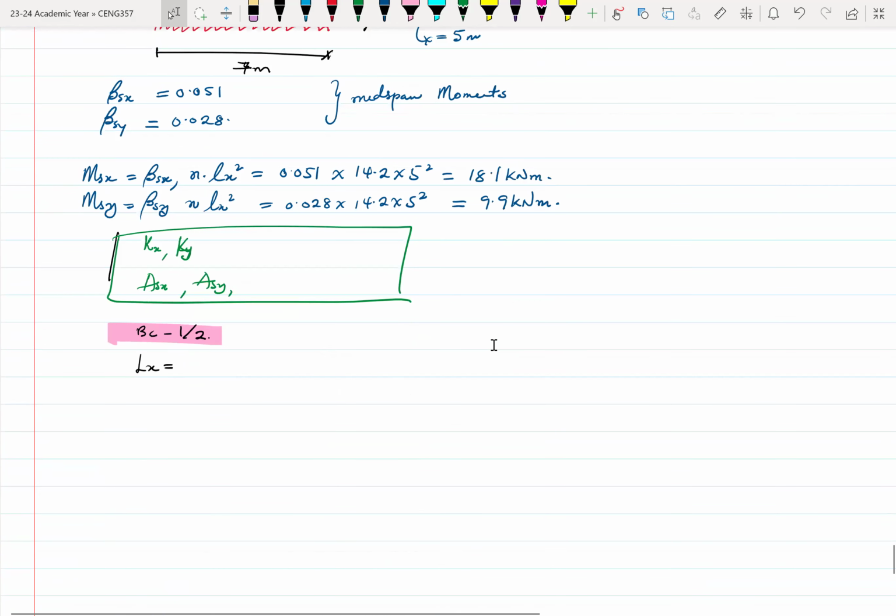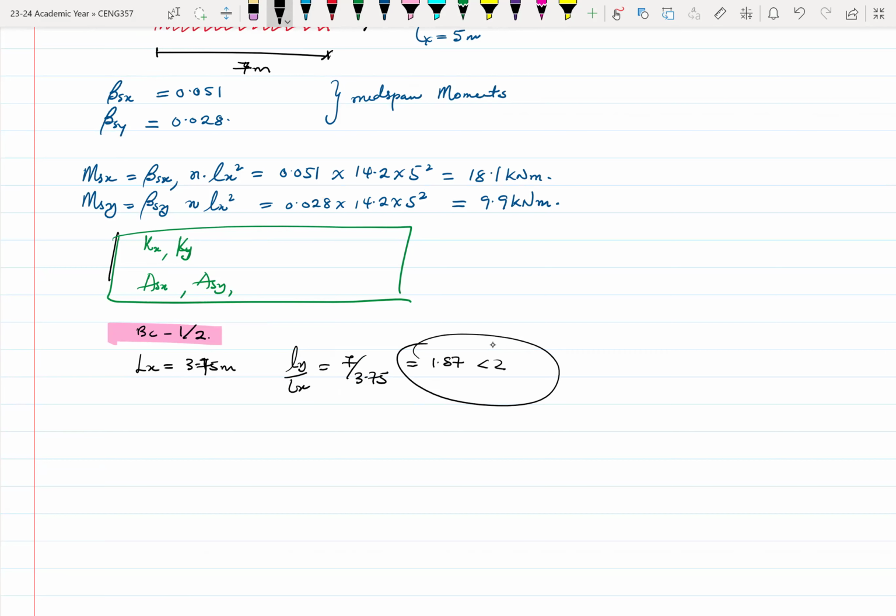So our Ly over Lx will be 7 over 3.75. This should give us, I think, 1.87 as I had earlier. And this is again less than 2, so we're good to go.